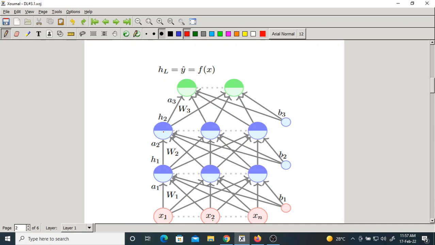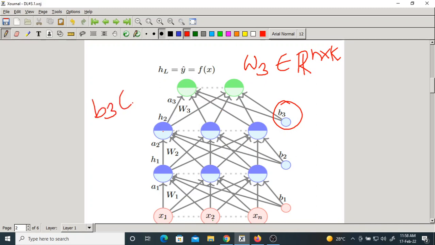Suppose this neuron is connected to k neurons in the output layer. It is also connected to k neurons in the output layer, and so on. So W3 belongs to R n cross k, because in the last layer, the output layer, we have only k neurons, not n neurons. B3 is also connected to only k neurons, so B3 belongs to Rk.